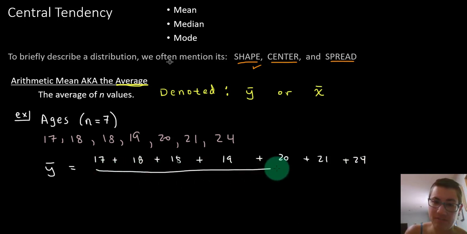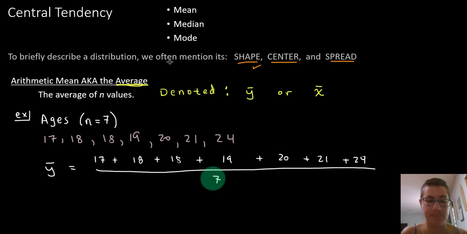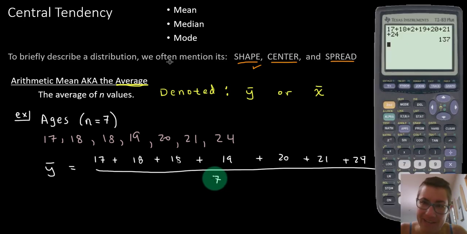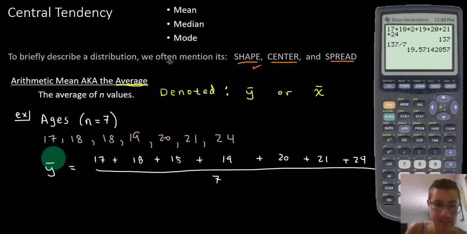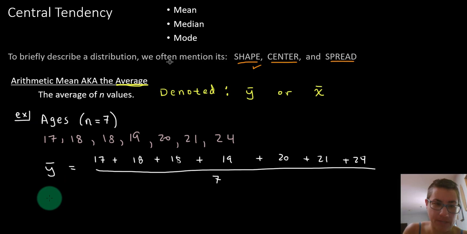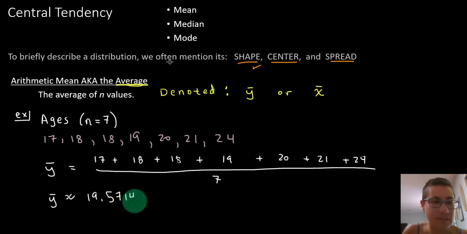Remember, you have to divide by the sample size. So here, that would be a 7. I've got out my handy dandy calculator here, and I added up all the 7 ages, and now I shall divide 137 by 7 to get an estimate for the average age. Y bar is approximately 19.5714 years.